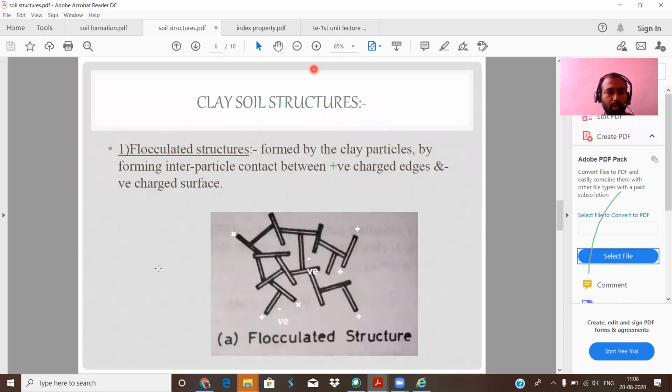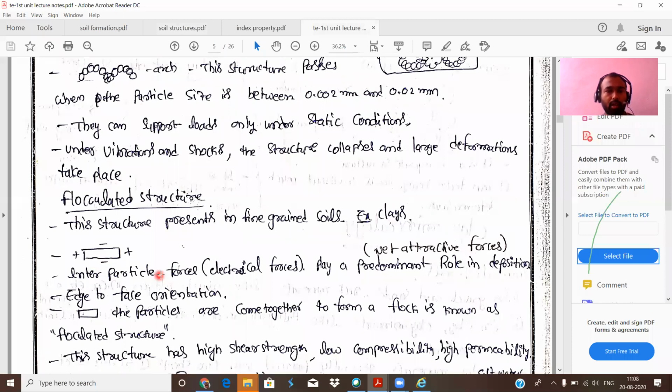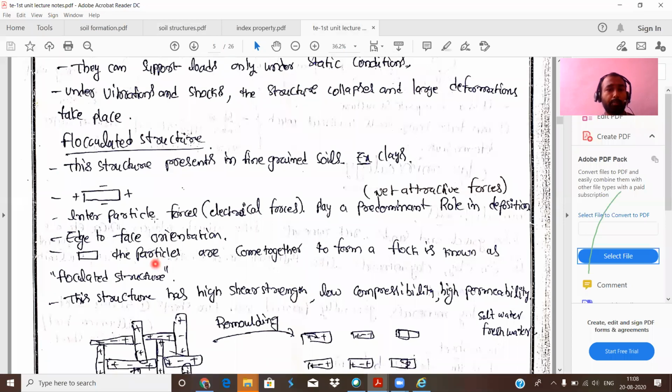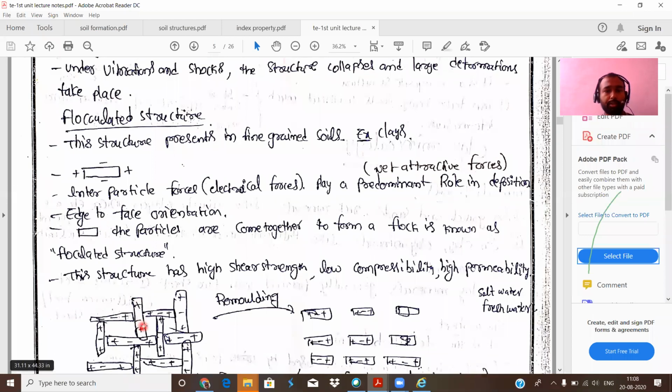Here at the edge, it is known as edge. Here, in this way, it is called the face. So in the flocculated structure, the structure is present due to the edge to face orientation. All these particles come together to form a flock.